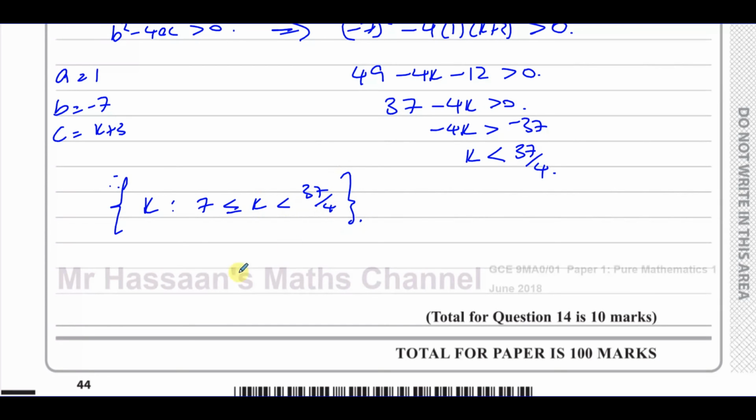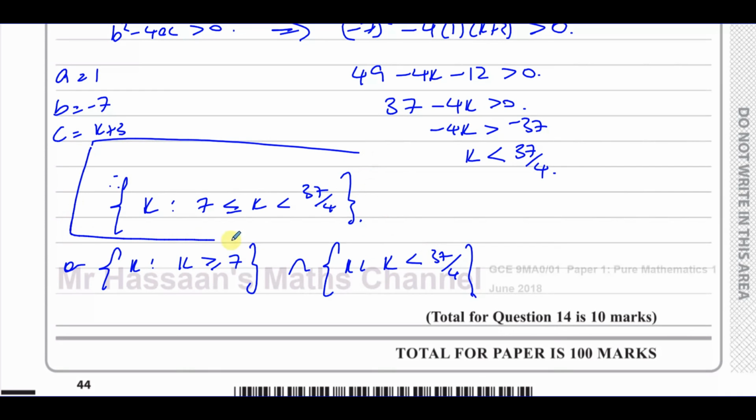We can write it like this. If we want to, we could say k is such that k is greater than or equal to 7, intersection with k is such that k is less than 37 over 4. We could write it both ways. I think this way is nicer personally.